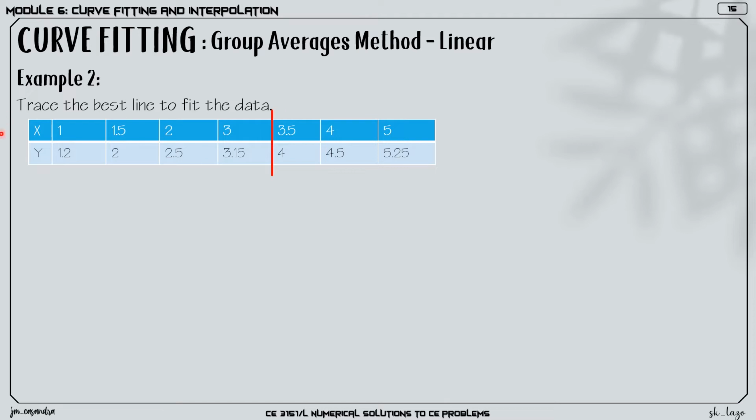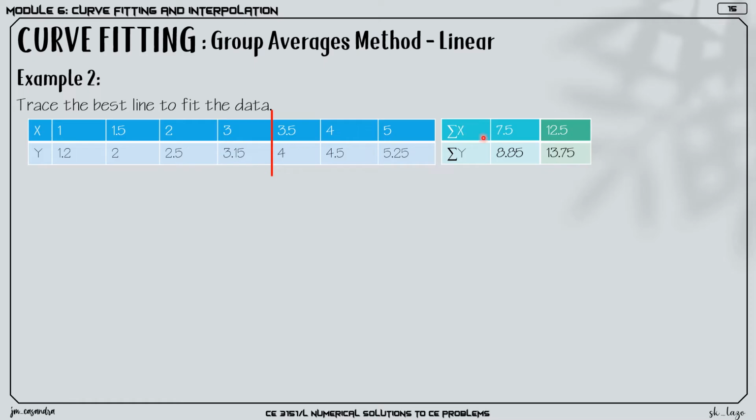So for the first group, we now solve for their summation of x equal to 7.5. Summation of y is equal to 8.85. For the second group, summation of x is 12.5, and summation of y is equal to 13.75. And then next, we now solve for their average value.